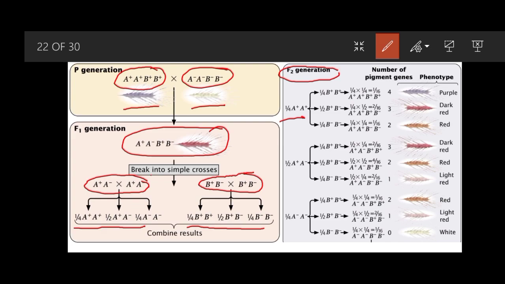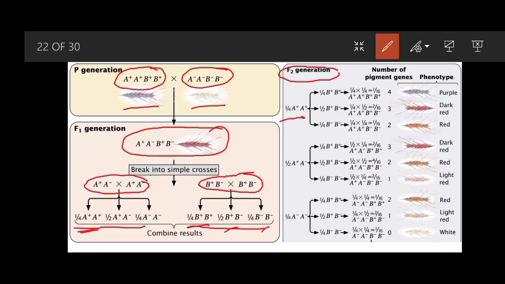When this genotype is combined with all of these, B plus B plus, B plus B minus and B minus B minus, we can calculate the probability. We already know the multiplication rule of probability, and we can easily calculate the probability of different phenotypes.